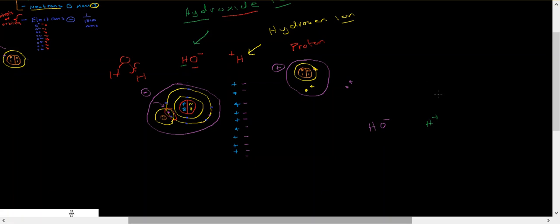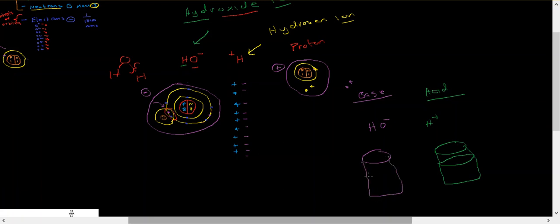So if we take an acid, and then we take a base, we have our acid. So imagine we have a solution. You have a container that contains a substance, and then you have another solution that contains a substance as well.